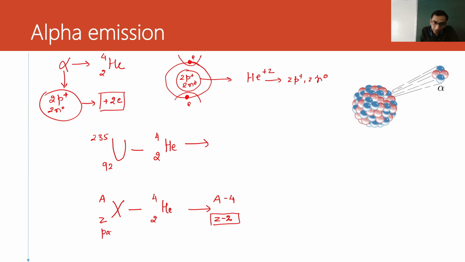Now this is known as the parent nuclei. The parent nuclei is the one which is radioactive. This one is radioactive. So after emission of an alpha particle, it changes into a new element, say Y, with atomic number 2 less and mass number 4 less. And this is known as the daughter nuclei.